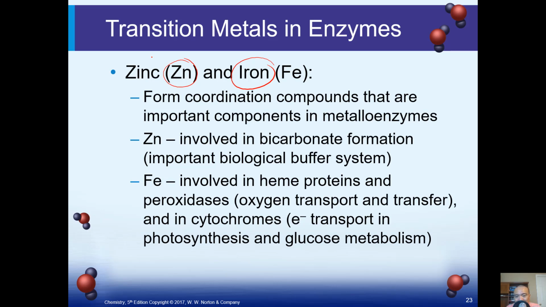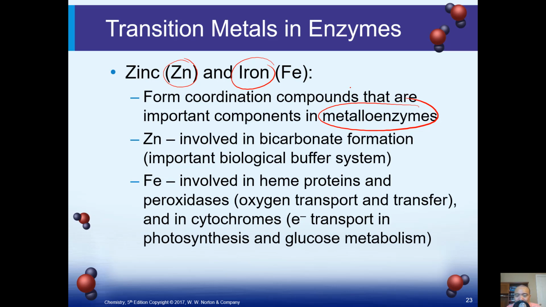Many of the enzymes in our bodies contain zinc or iron or other transition metals, and these kinds of enzymes are called metalloenzymes, or enzymes containing metals.